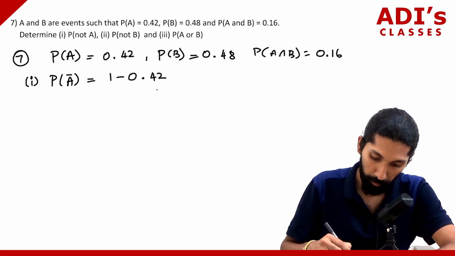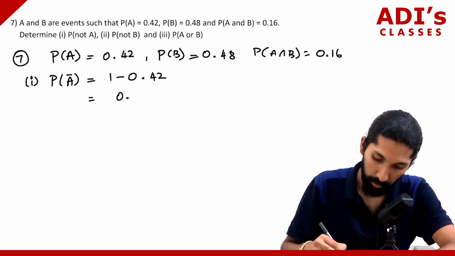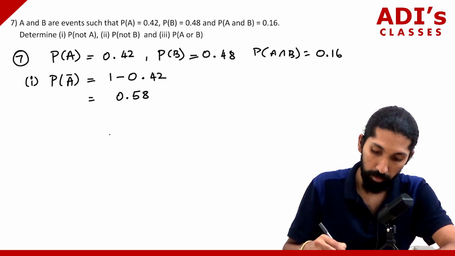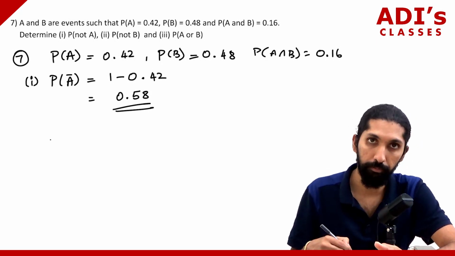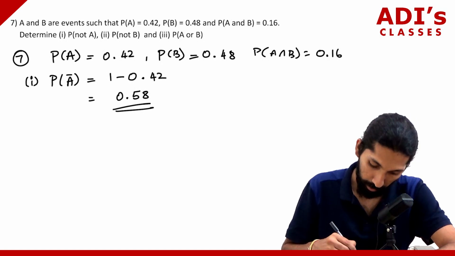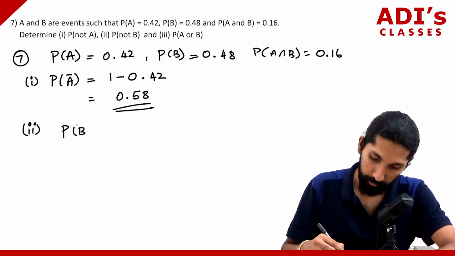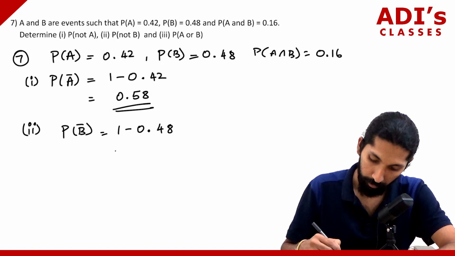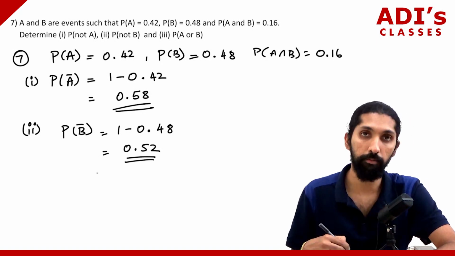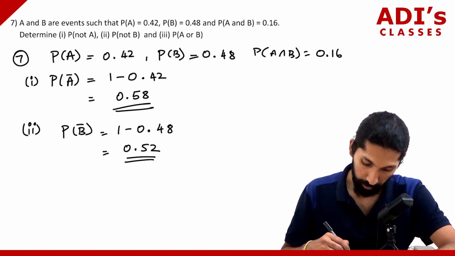So 1 minus 0.42 is 0.58. So this is the answer for the first one. Simple. Next, second one, P(B complement), 1 minus 0.48, which is 0.52.